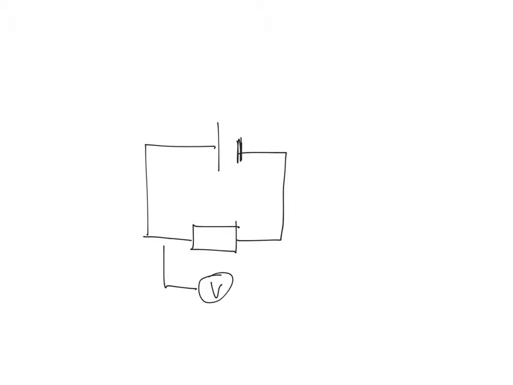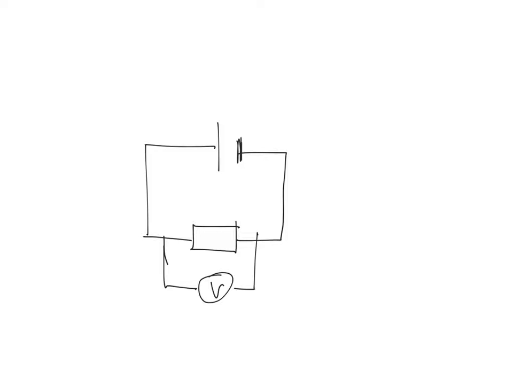Okay, so in order for you to understand the difference between EMF and potential difference, we need a circuit to help us out. So I'm going to draw a nice circuit here. I'm going to put in a resistor and then a voltmeter as well.